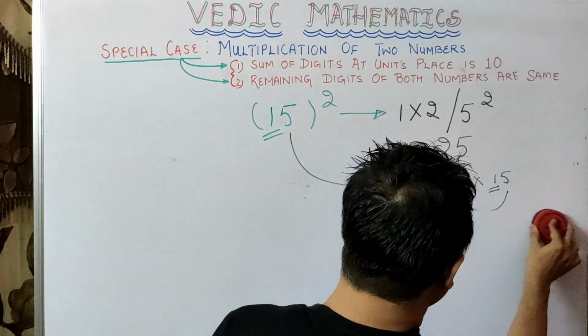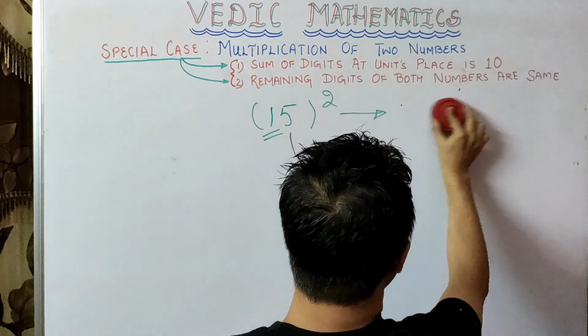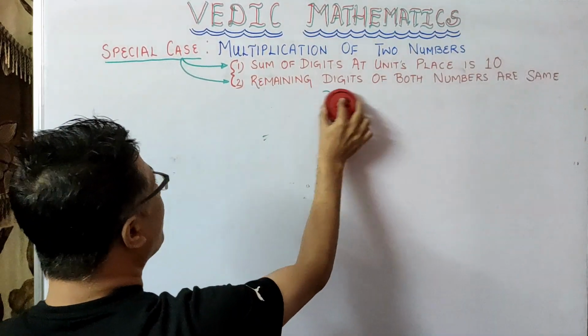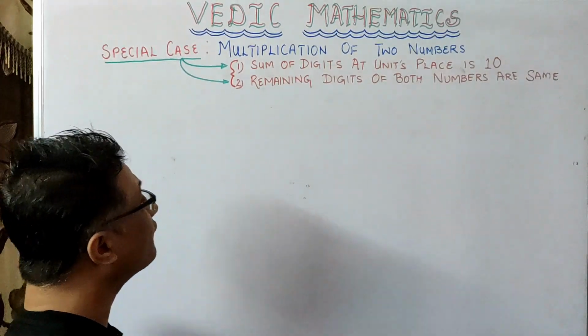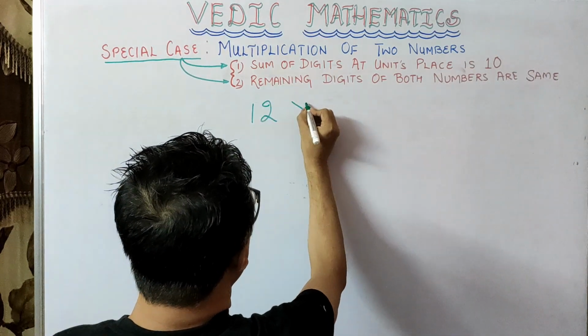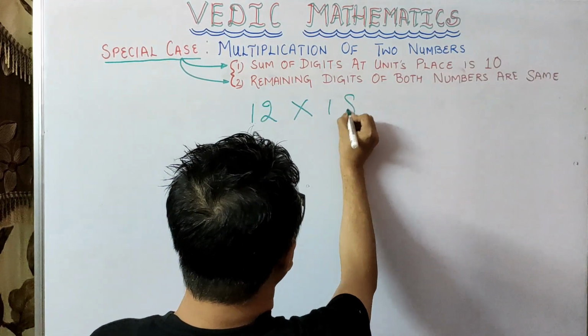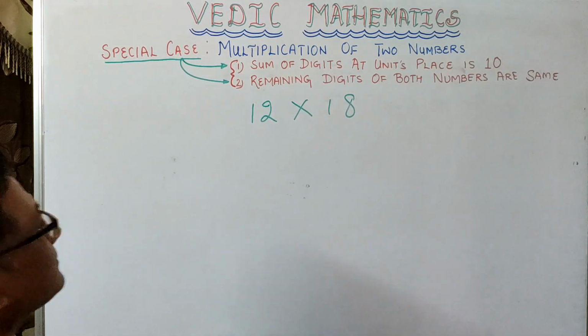Now, similarly, if we have to multiply, say, 12 by 18. These two numbers also fulfill the same condition. How? Now, what do we have to do over here?